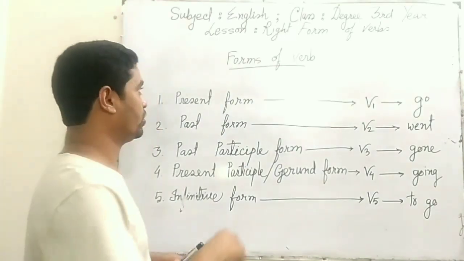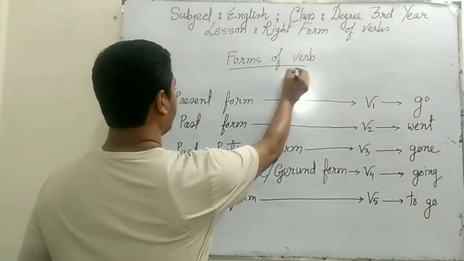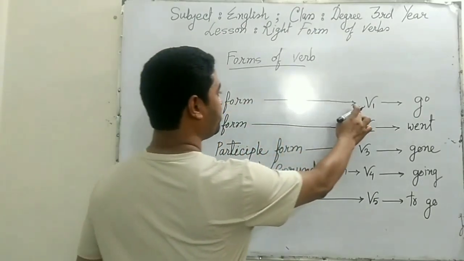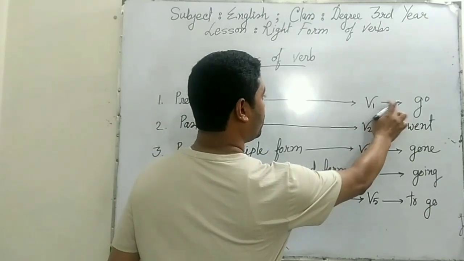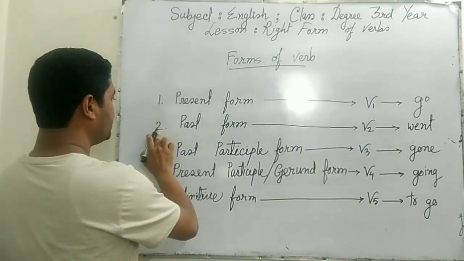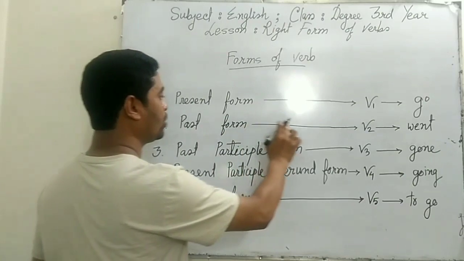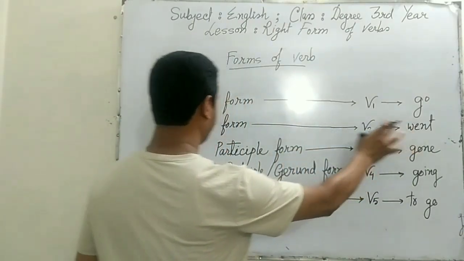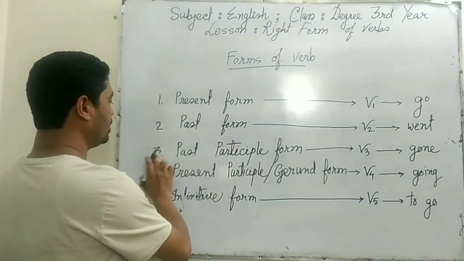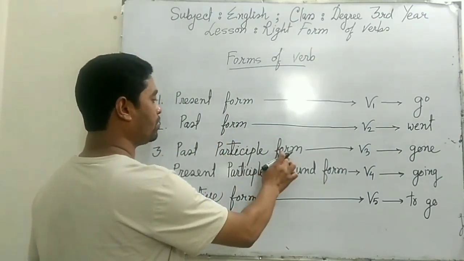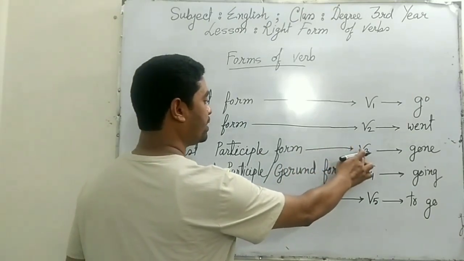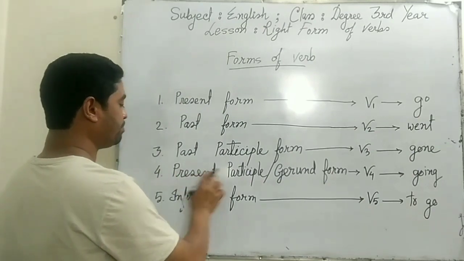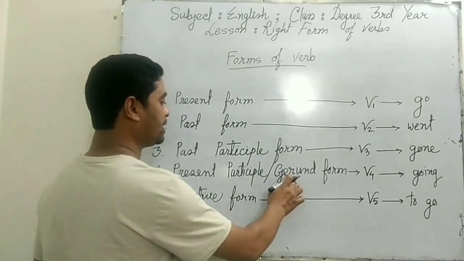Please look at the board. Forms of verb. First, present form. We can say it V1. For example, go. Second, past form. We can say it V2. For example, went. Number 3, past participle form. We can say it V3. For example, gone. Number 4, present participle or gerund form.